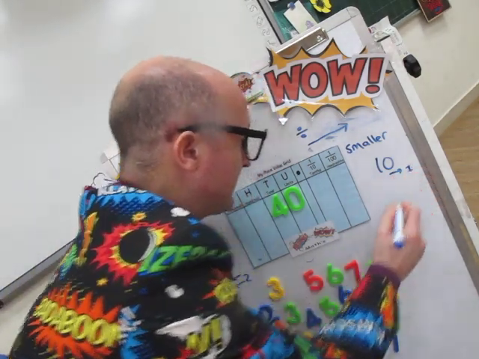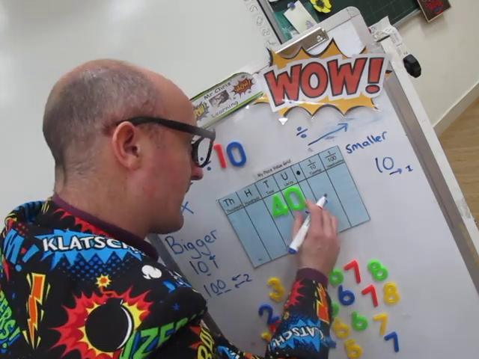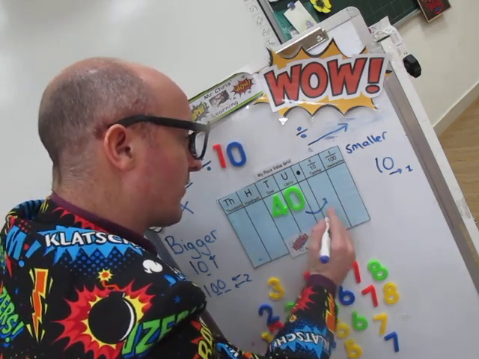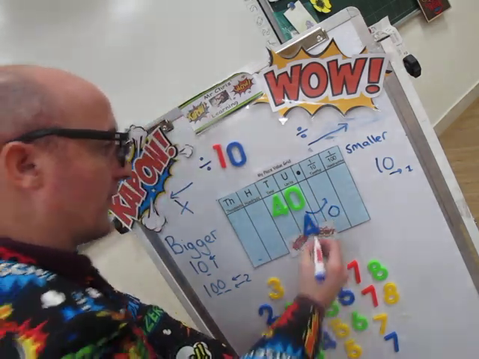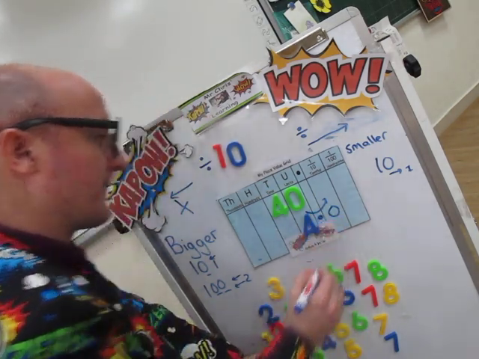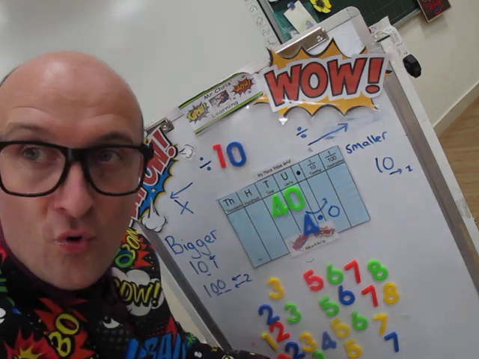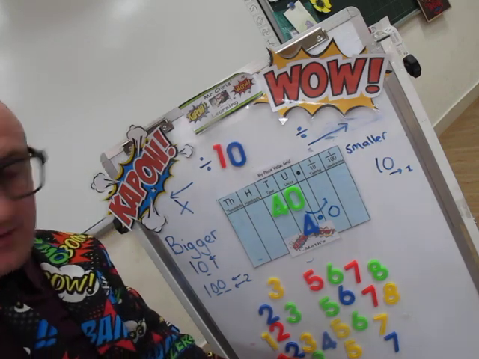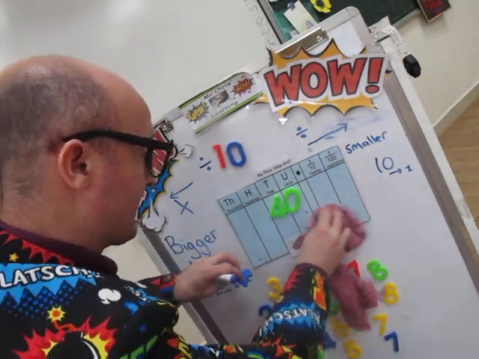So the 0 moves across, put that there, and then we put the 4 there, and we've got the decimal point here. So the answer is not 440, it's 4. So don't forget your decimal point. I'm going to leave my decimal point on there for when we do it.